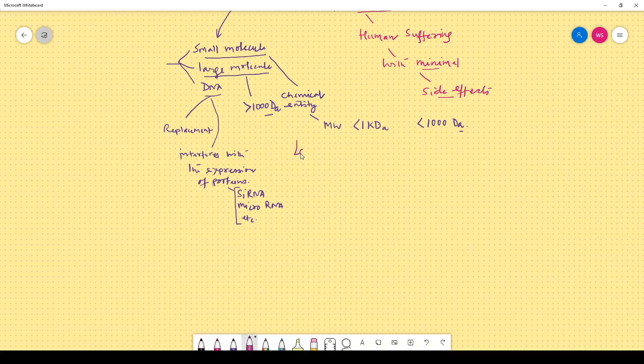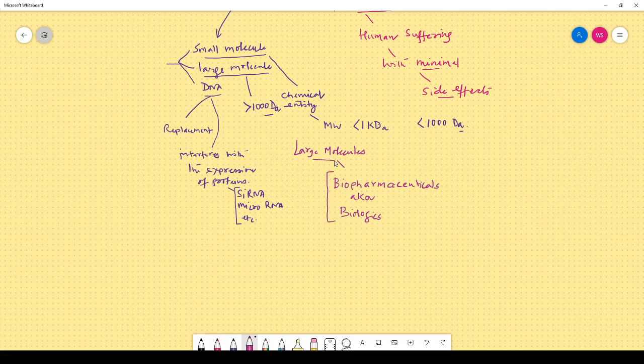These large molecules, they are also called biopharmaceuticals. They are also called biologics. Okay.